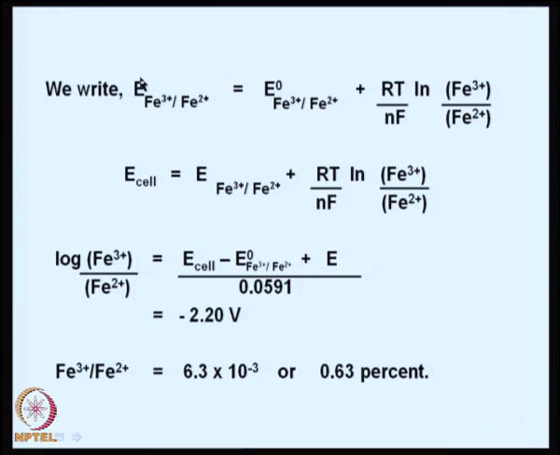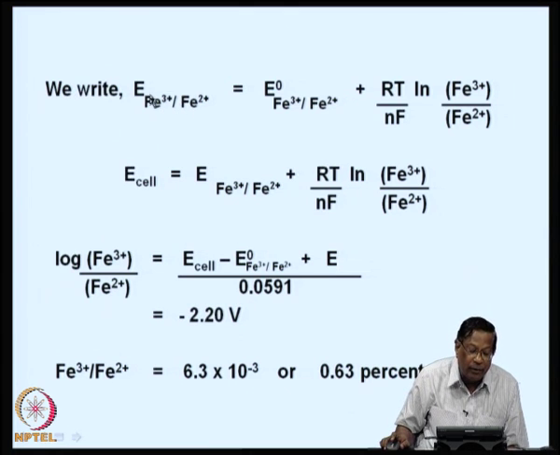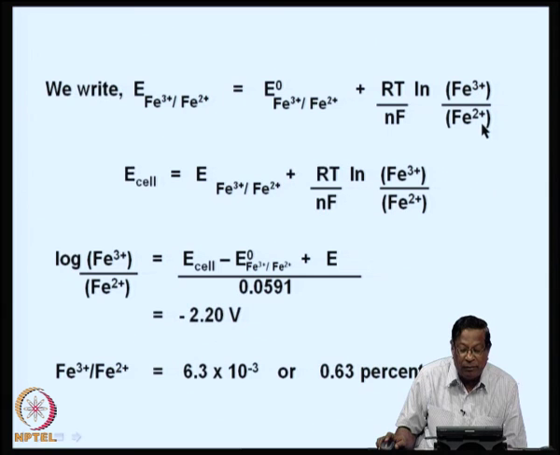What we write is like this: the EMF of the ferric to ferrous electrode, that is the platinum electrode with the species ferric and ferrous in contact with each other, is nothing but the standard electrode potential of ferric-ferrous with respect to the hydrogen electrode, available from the table which I showed you earlier, plus RT by NF ln Fe3 plus by Fe2 plus, that is the oxidized species divided by the reduced species concentrations.